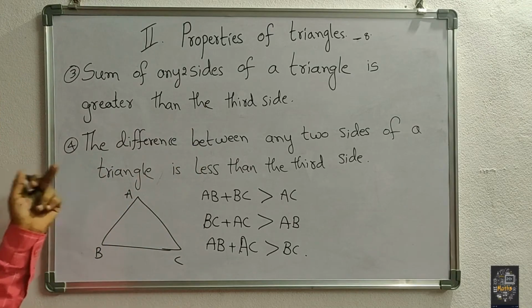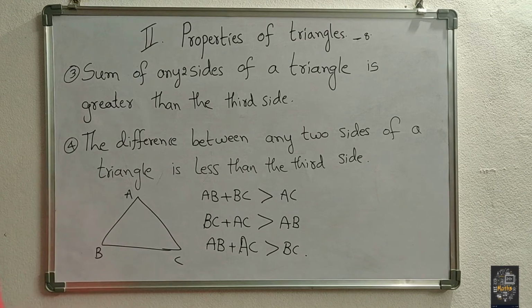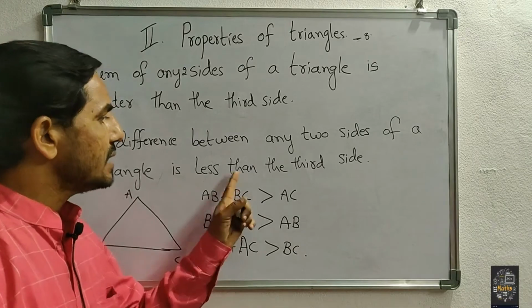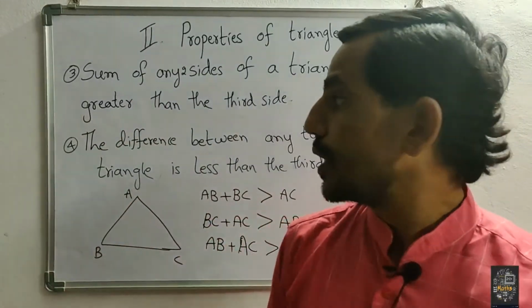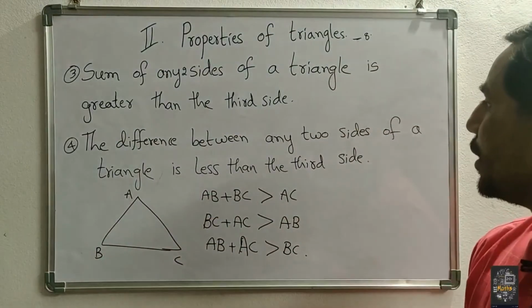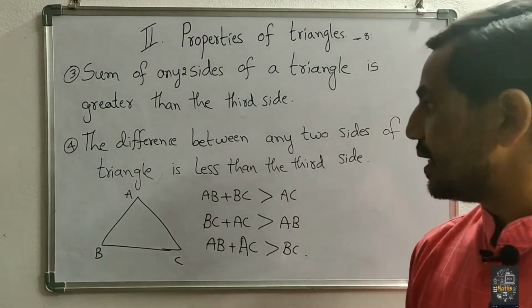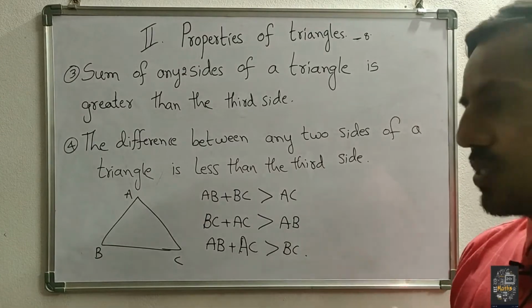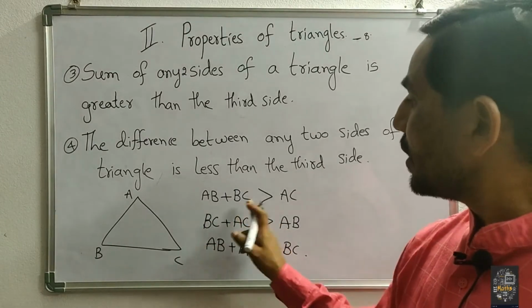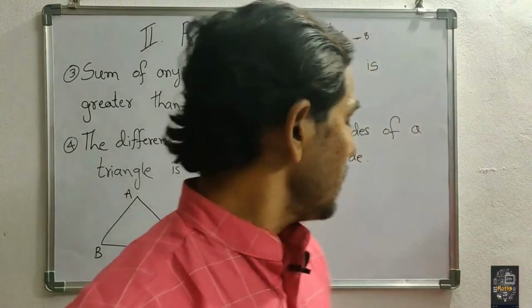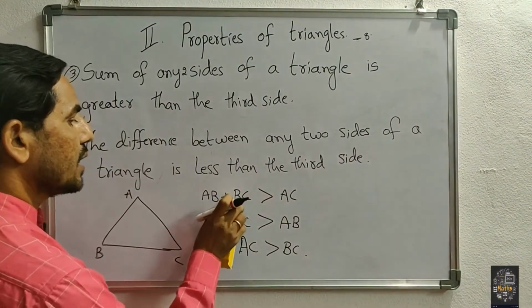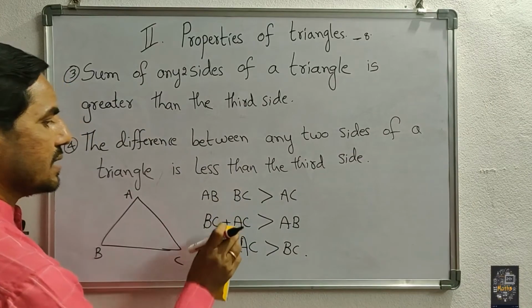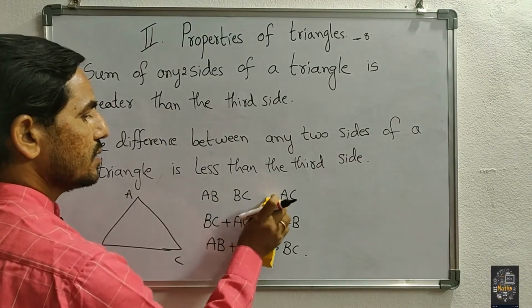Next, come to the fourth condition. The difference between any two sides of a triangle is less than the third side. Once again, the difference between any two sides of a triangle is less than the third side. So here we are taking differences.